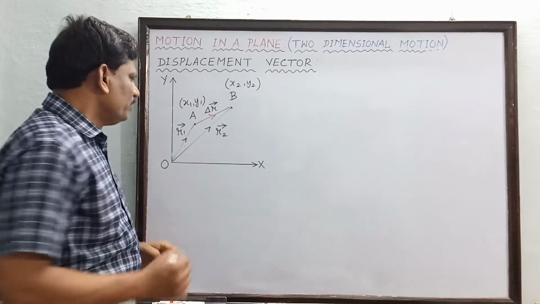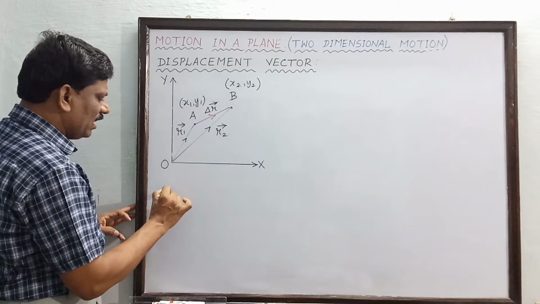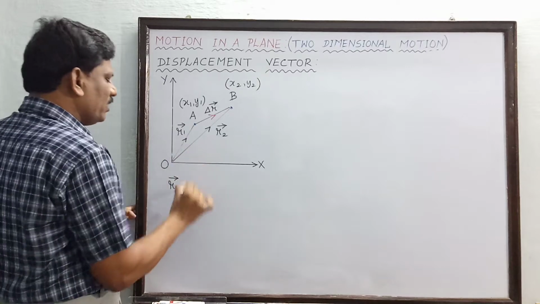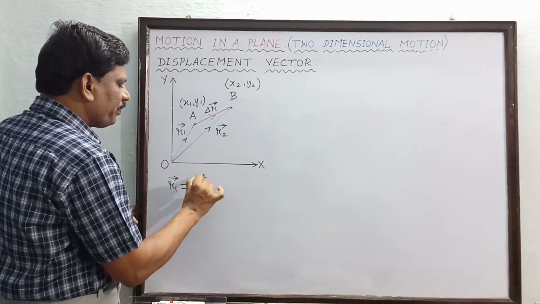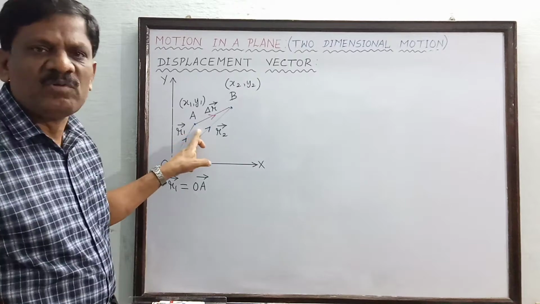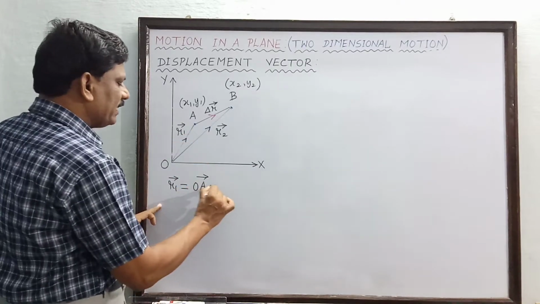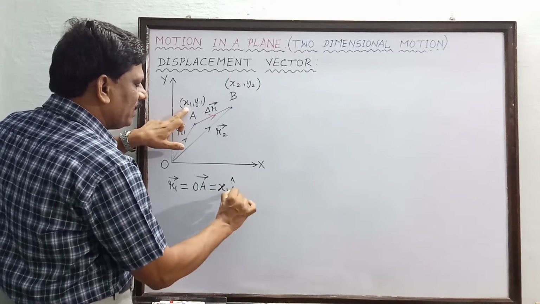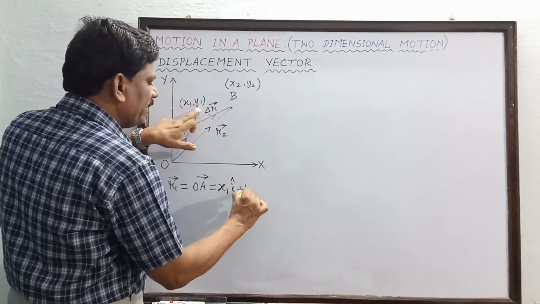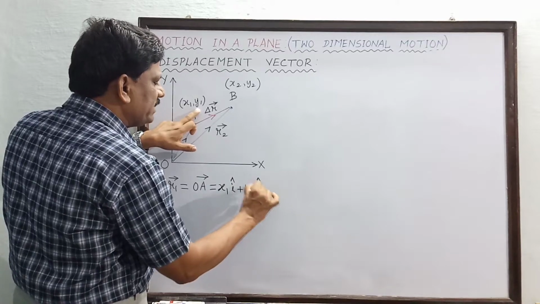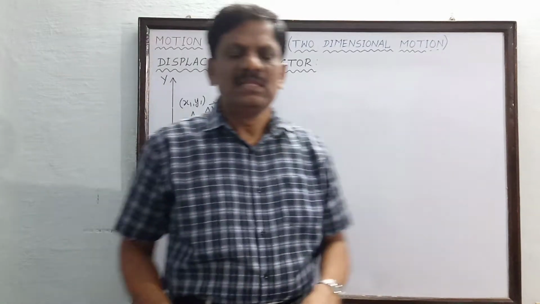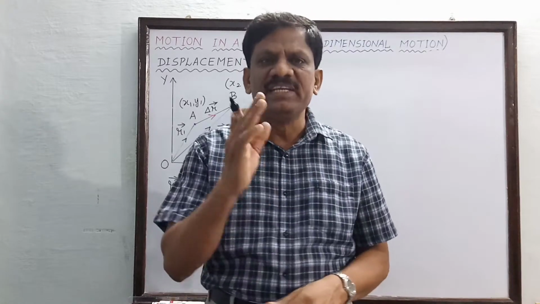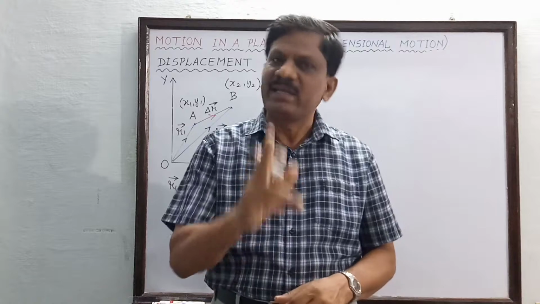Before that, we will first see this R1 vector, which is also equal to OA vector with respect to the initial position A. So this can be written as x1 i cap plus y1 j cap. So I have written the position vector of the particle when it was initially at A at a time t1.